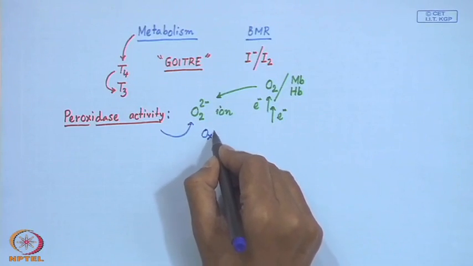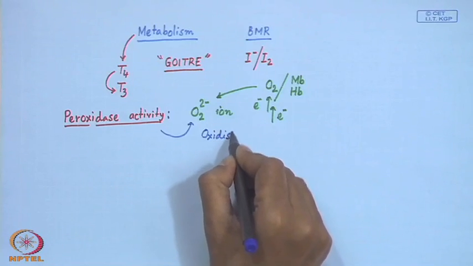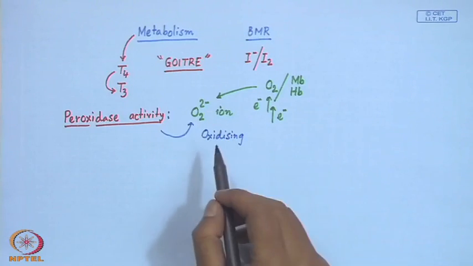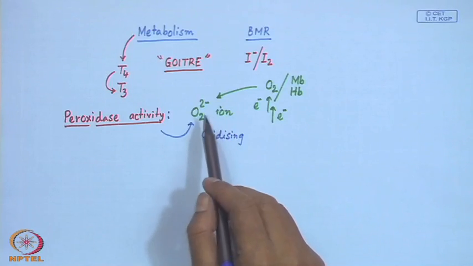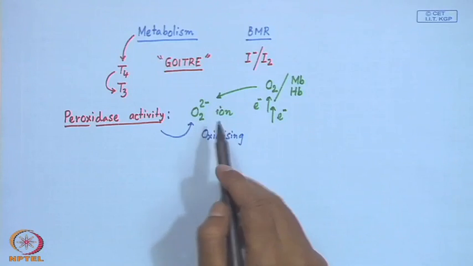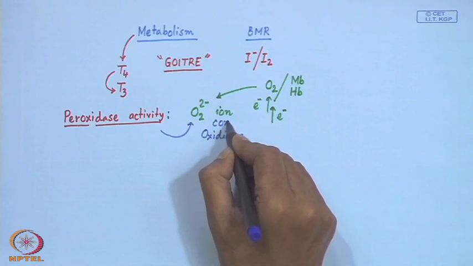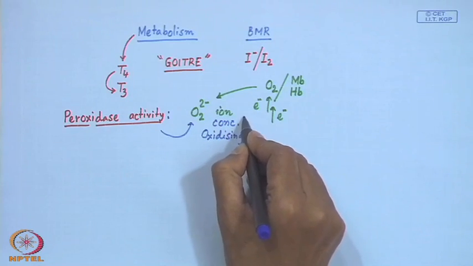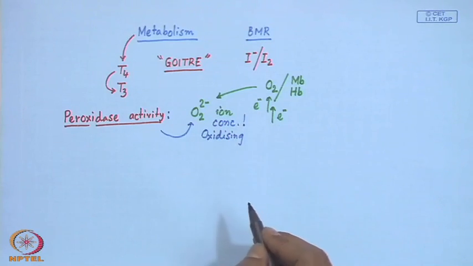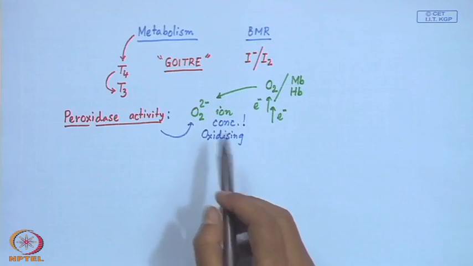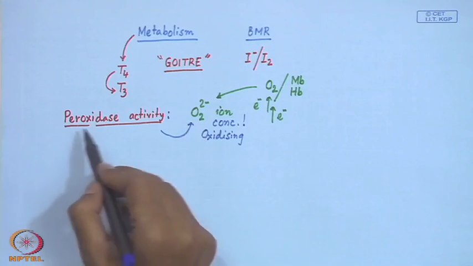So, these are oxidizing in nature. If we want to get rid of the accumulation of peroxide ion, their concentration is important.